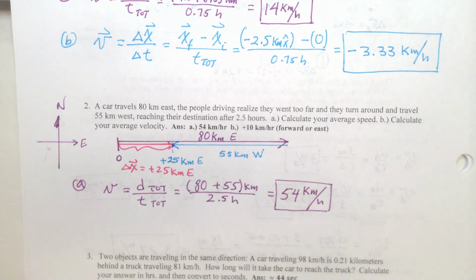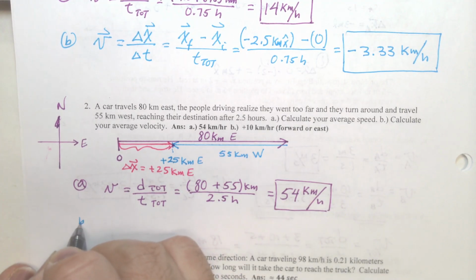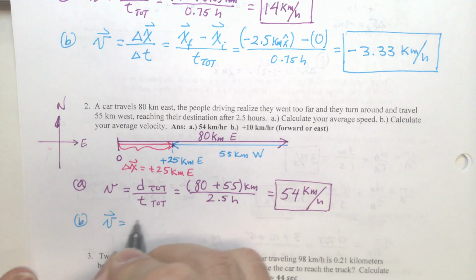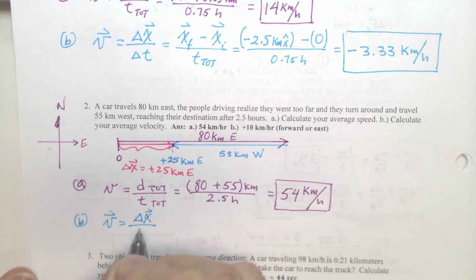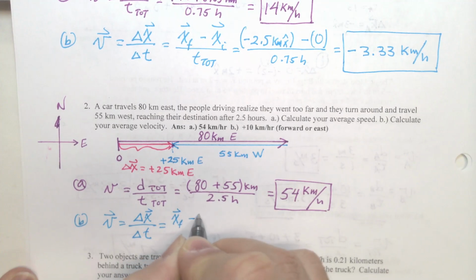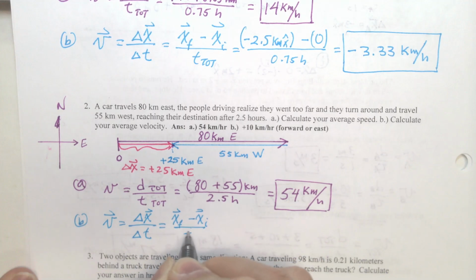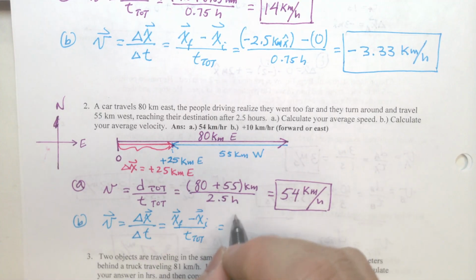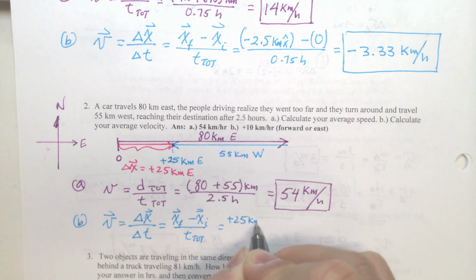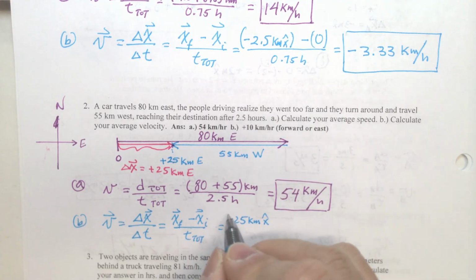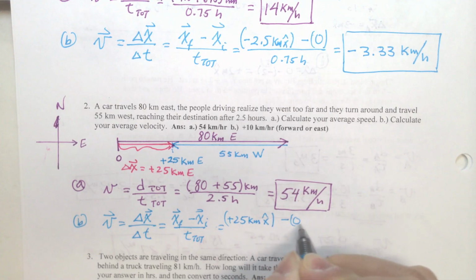But for part B, they want to calculate your average velocity, which is equal to change in position divided by change in time, which is x final minus x initial divided by t total. Therefore, final position happens to be positive 25 kilometers, or x hat, or east, minus 0.